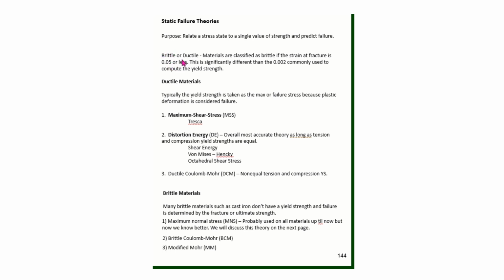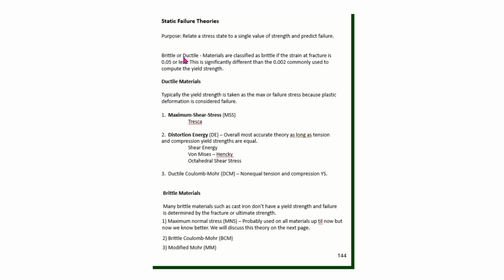If your strain at fracture is greater than 0.05, you have a ductile material. And you need to make sure that you apply this idea to the material under the conditions of which it will be used in the application that you are considering.